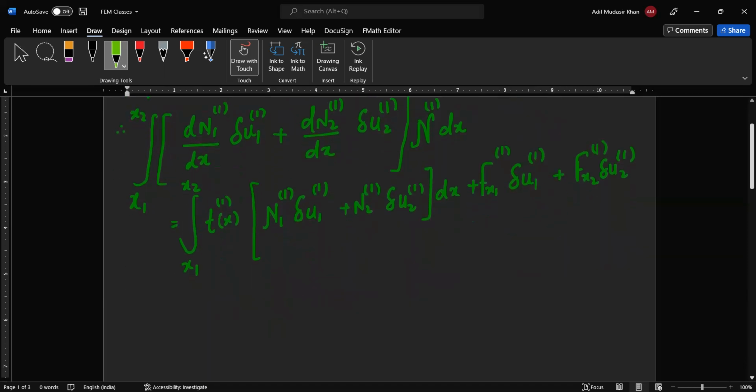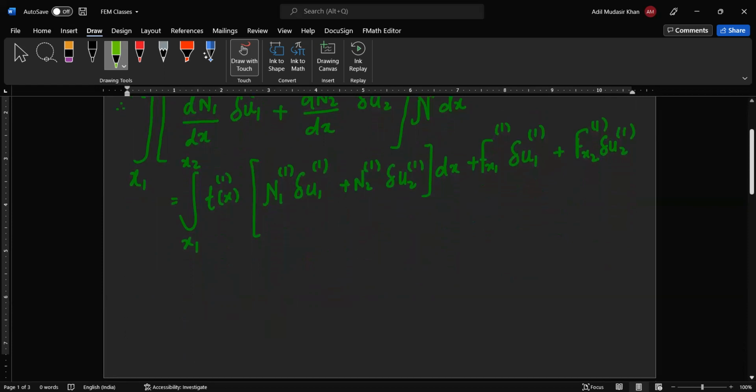We can therefore write the entire expression as follows. We have a del u1 term here and a del u1 term here, so let's take this del u1 out. First of all, we have the integral from x1 to x2. These x1s and x2s are also superscripted to indicate that they are the coordinates within element 1.